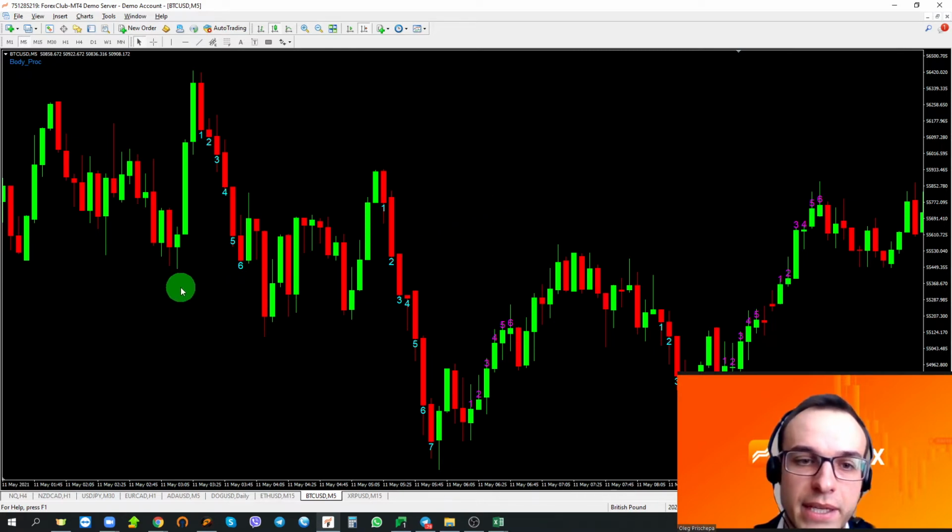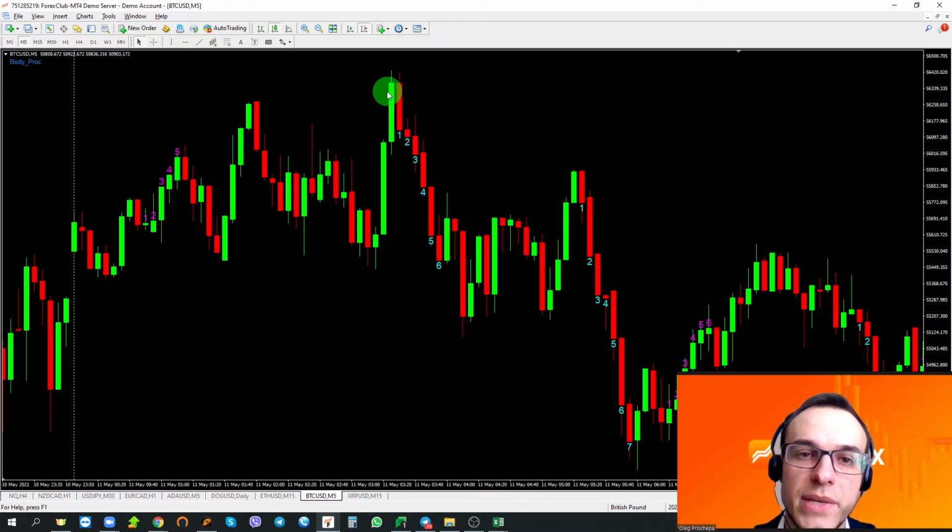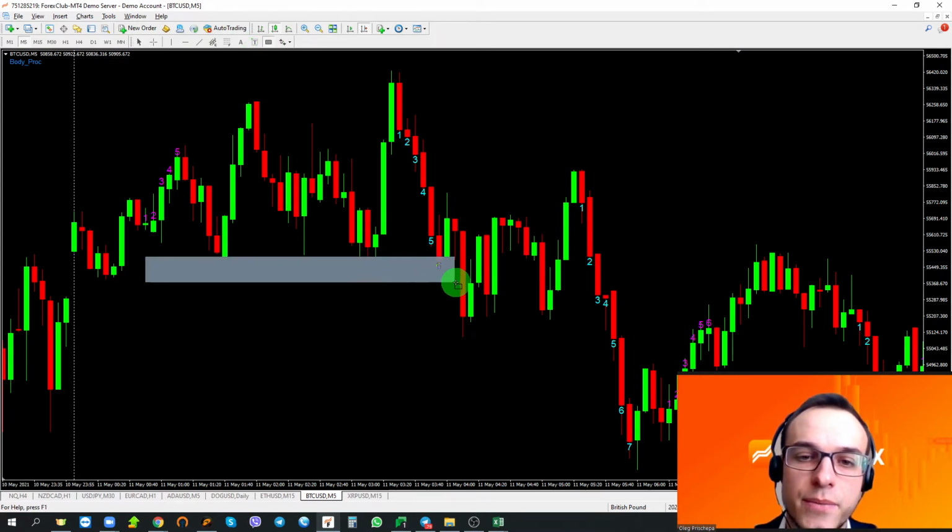For example, let's take a look at some signals that we have right here. It's Bitcoin on the 5 minutes time frame, and we can see that there is a support line right here, or support zone, and when the market goes to this zone and we can see 5 or 6 same colored candles in a row, it means that we can buy and expect the market to go upwards.